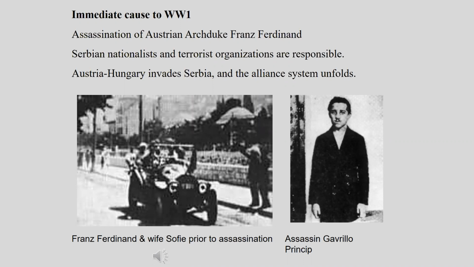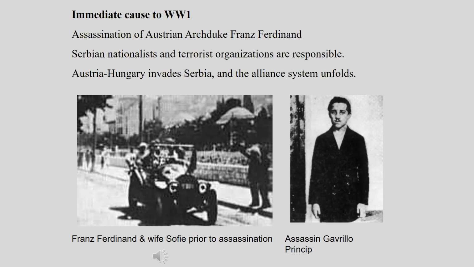A bomb was thrown into the Archduke's car, and when it did not explode, the driver quickly turned down an alleyway in an attempt to secure the Archduke and his wife. Waiting in that alleyway was 19-year-old Gavrilo Princip, a Bosnian Serb and member of Young Bosnia, a nationalistic group that sought to end Austria-Hungary's rule in the Balkans.